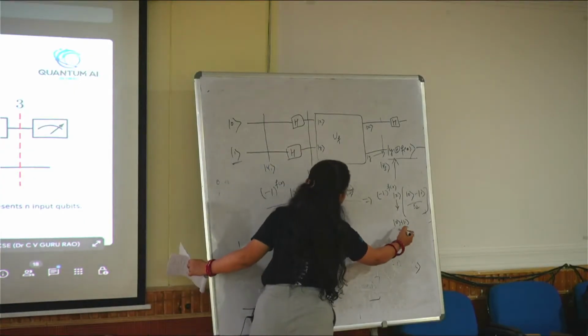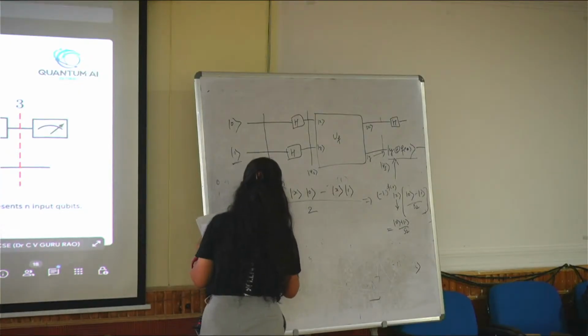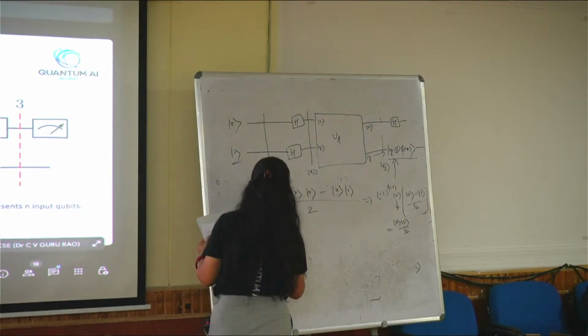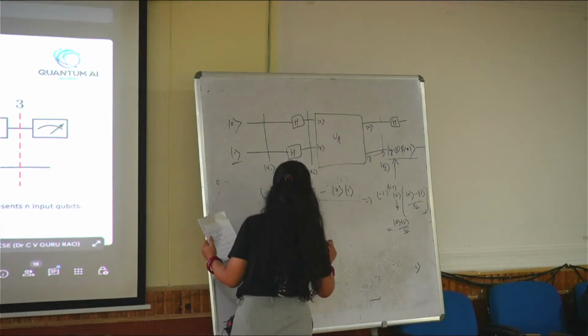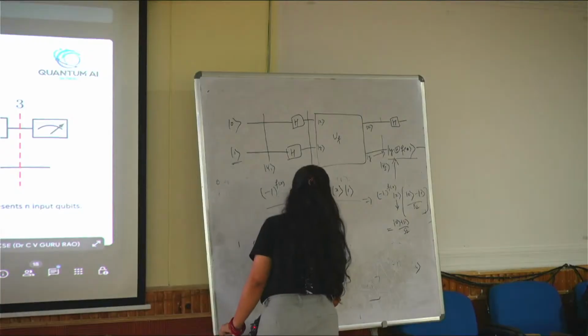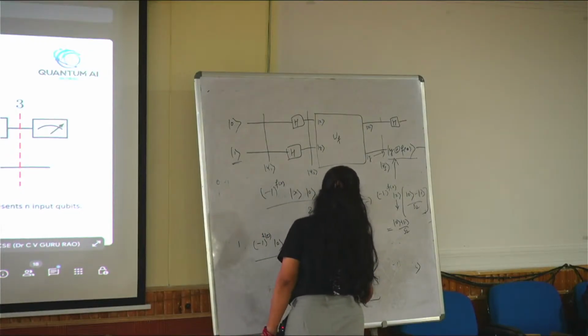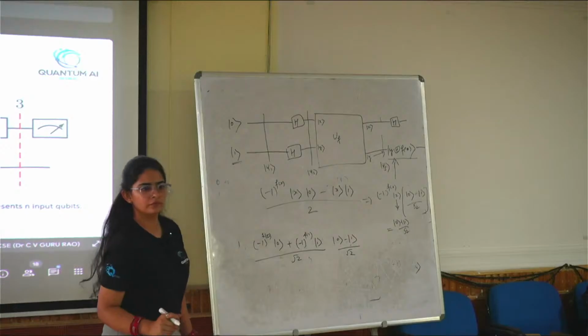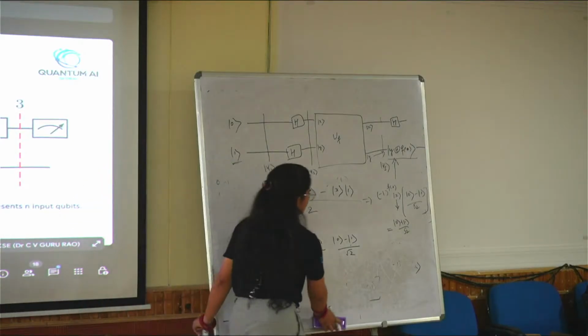Because x was in this form 0 plus 1 by root 2, we can just write f of 0, 0 minus of 1, f of 1, 1 by root 2, and 0 minus 1 by root 2. This is easy to understand.